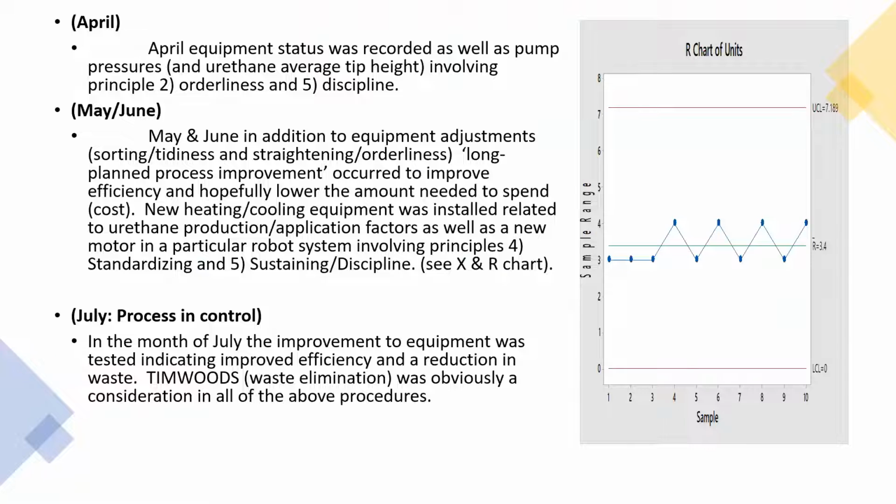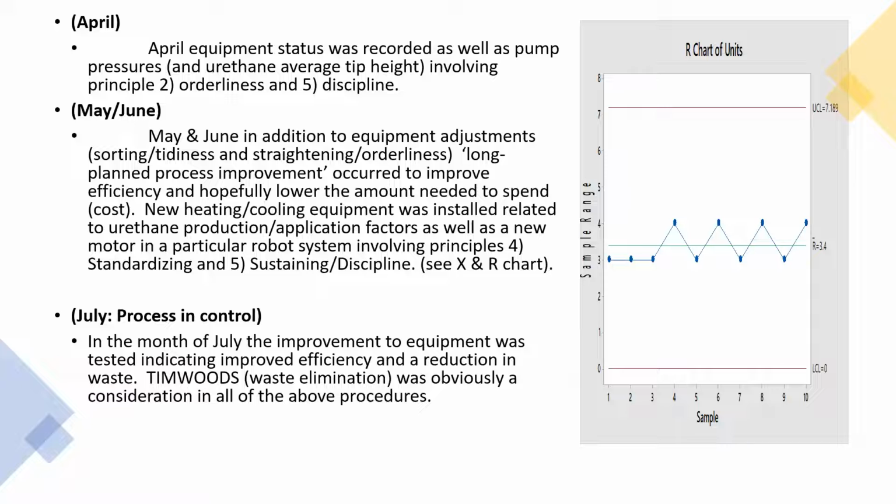All right, April, equipment status was recorded, as well as pump pressures and urethane average tip height, involving principle 2, orderliness and discipline. By May and June, in addition to equipment adjustments, that is sorting, tidiness, straightening and orderliness, long-planned process improvement occurred to improve efficiency and hopefully lower the amount needed to spend, that is lowering cost.